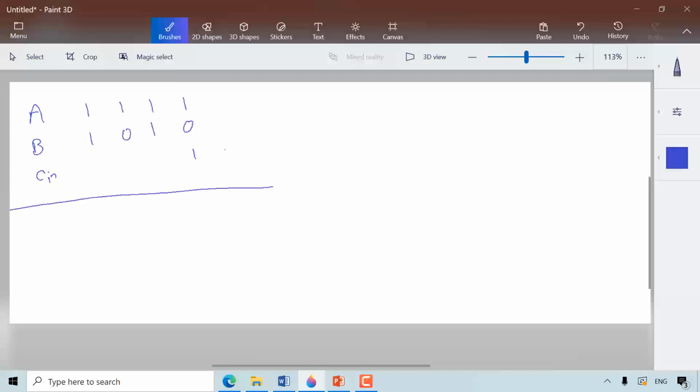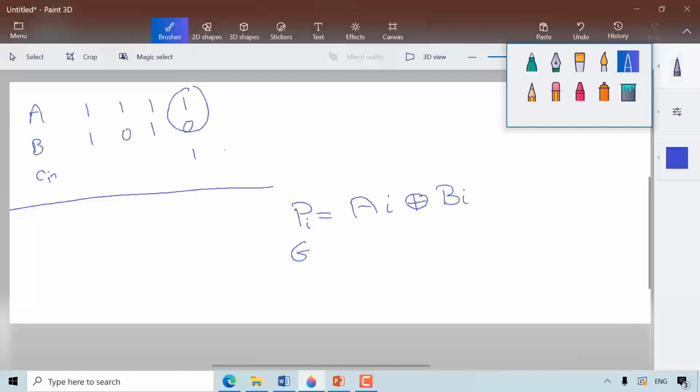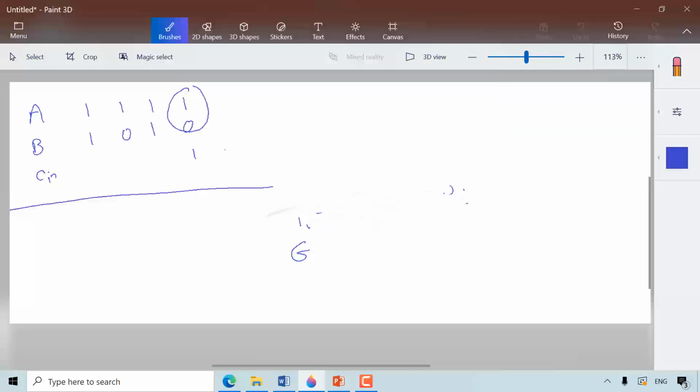Now we define the term propagate of bit position I as A I exclusive OR B I. Let's get this a little closer so we leave ourselves some space here.